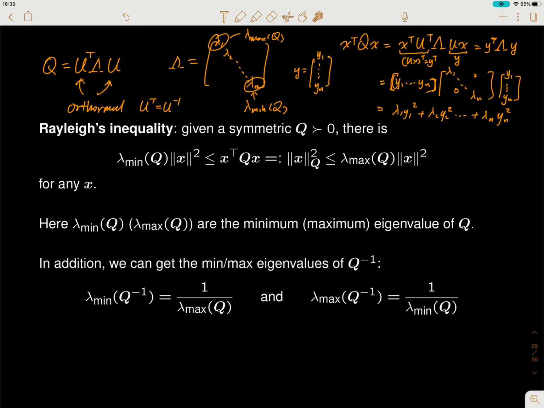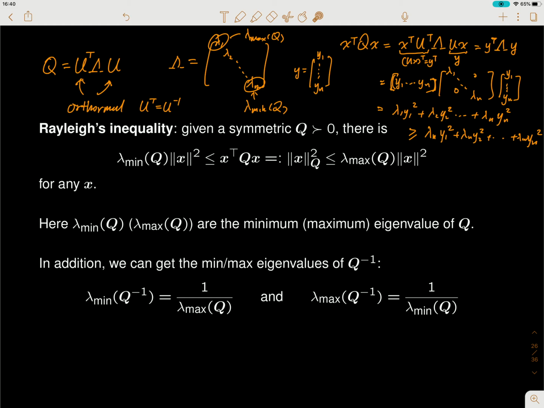So on the one side, this quantity is bigger than or equal to lambda n y1 squared plus lambda n y2 squared, all the way to lambda n yn squared, because each lambda i is greater than or equal to lambda n.